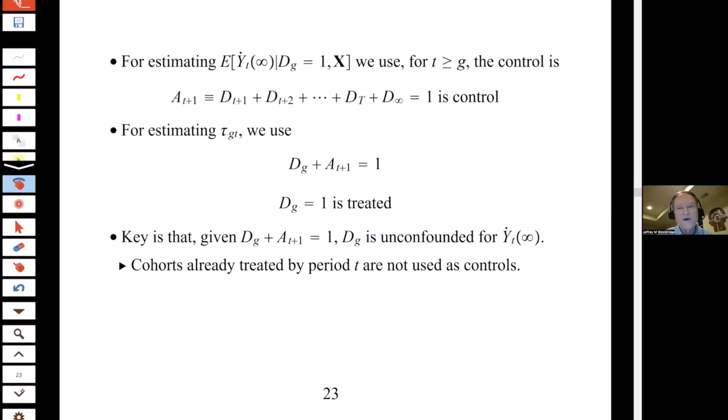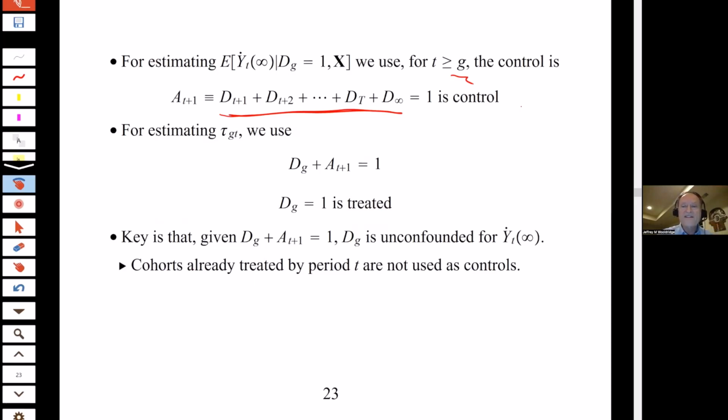So basically, the idea is this. I'm going to show you quickly the Stata code and then invite you to go look at it. We're in period T, and we're looking at cohort G. We define this A_{T+1} as a binary indicator, and it's the sum of all of the cohort indicators in time period T plus 1 and later.